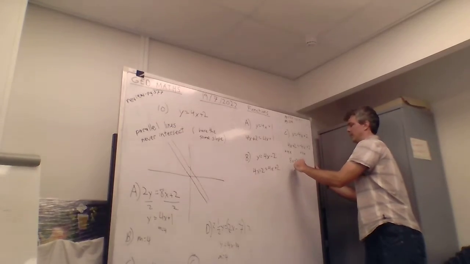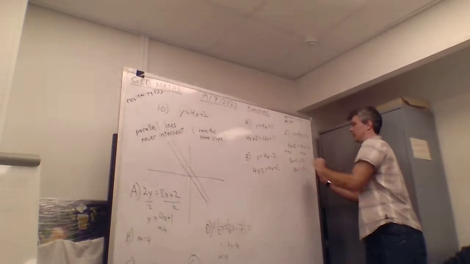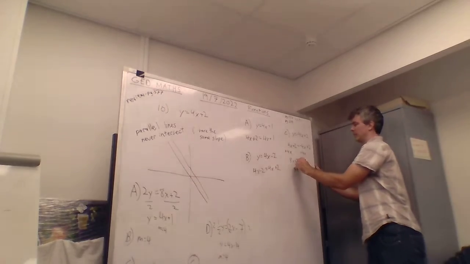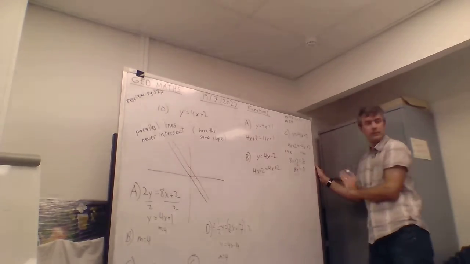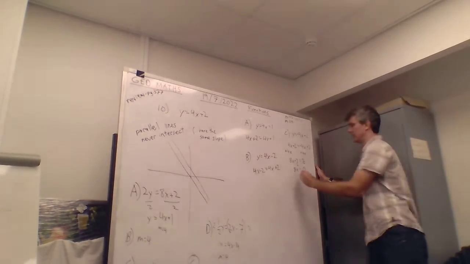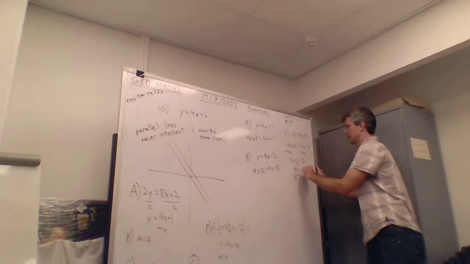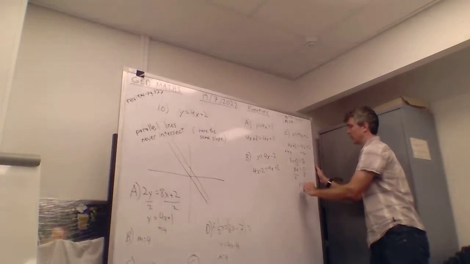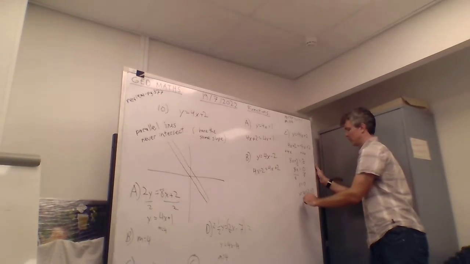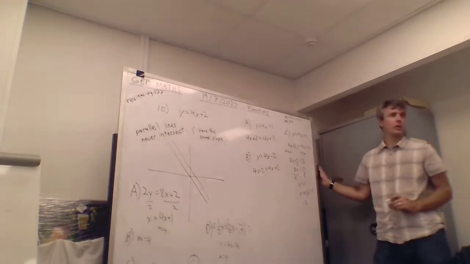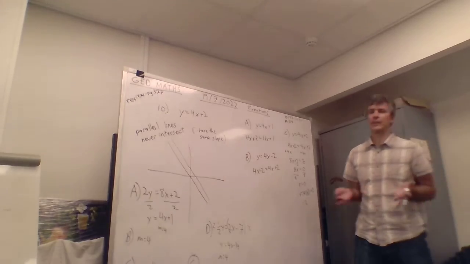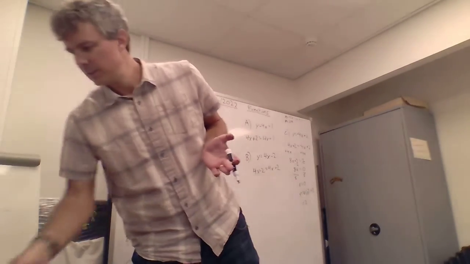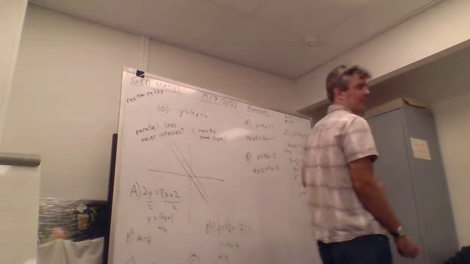Just subtract 2 from both sides, 8x equals 0. But that's fine. 0 is a legitimate number. Divide by 8, and x equals 0. And if x equals 0, then y equals 4 times 0 plus 2, so y equals 2. Alright, we have an intersection point. So then you can stop, you can get C.